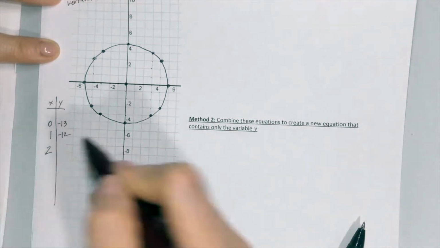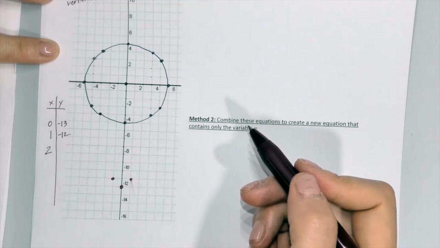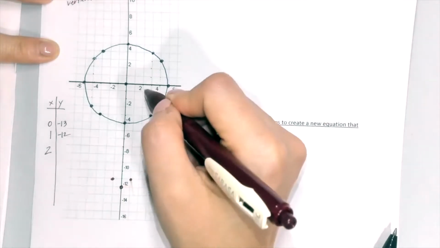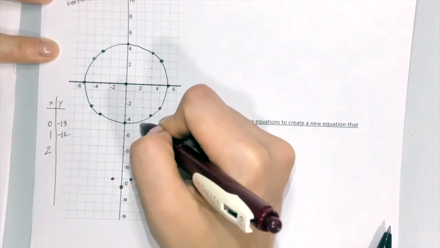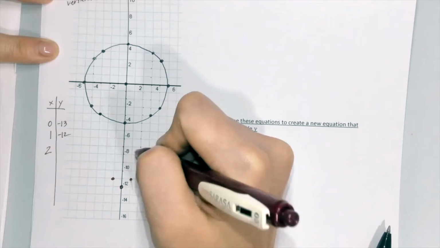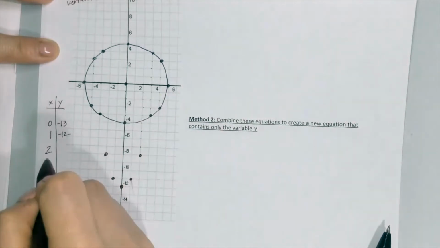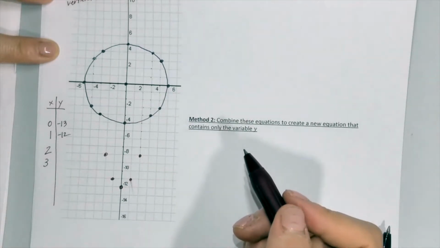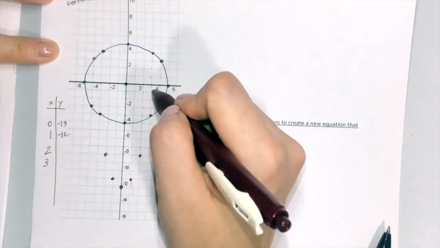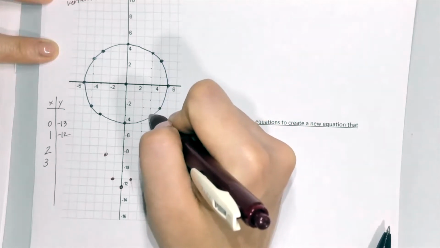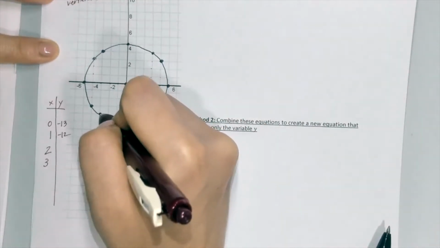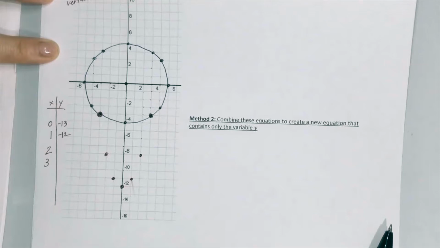If you have a 2, you have (2, negative 9). To the other side, plug in a 3. You get 9 minus 13, which is negative 4. Right here. Right here.